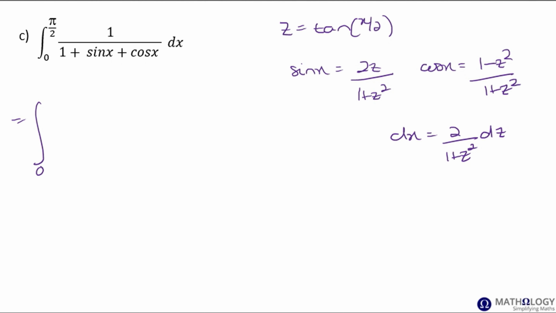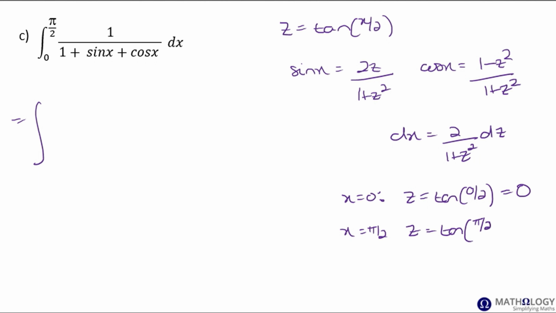In fact, straight off the bat, we need to change the limits of integration here, 0 to pi/2. So when x equals 0, we have z equals tan(0/2), which is tan 0, which is 0. And when x equals pi/2, z is tan((pi/2)/2), which is pi/4, and tan(pi/4) equals 1.